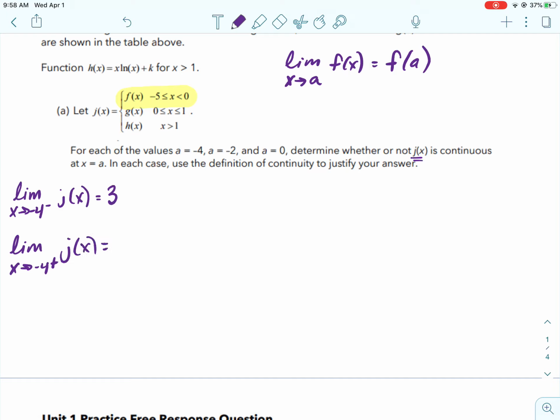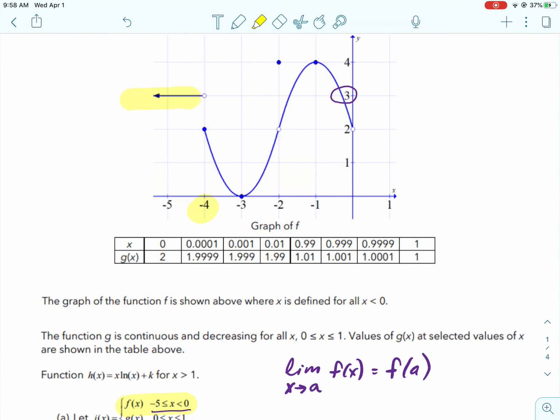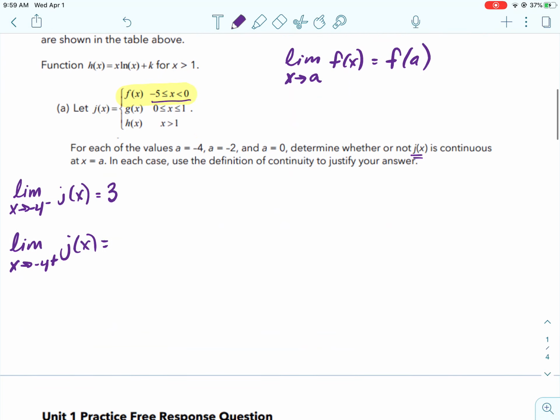All right, and then we also have to find the limit as x approaches -4 from the right of J of x. We're still talking about the f function because f is for all of the values between -5 and 0. So I'm going to go back to the graph and approach -4 from the right.